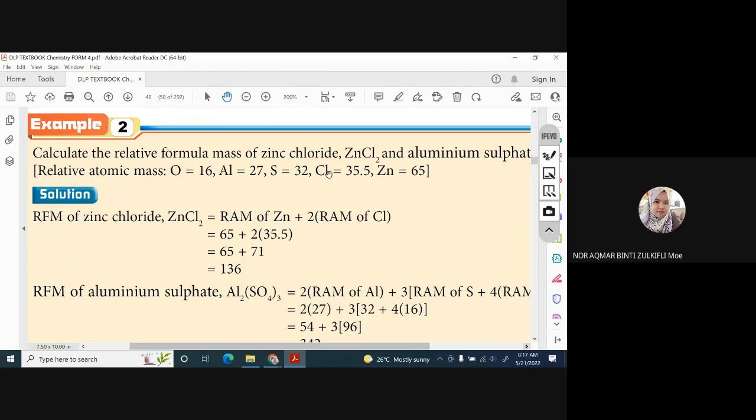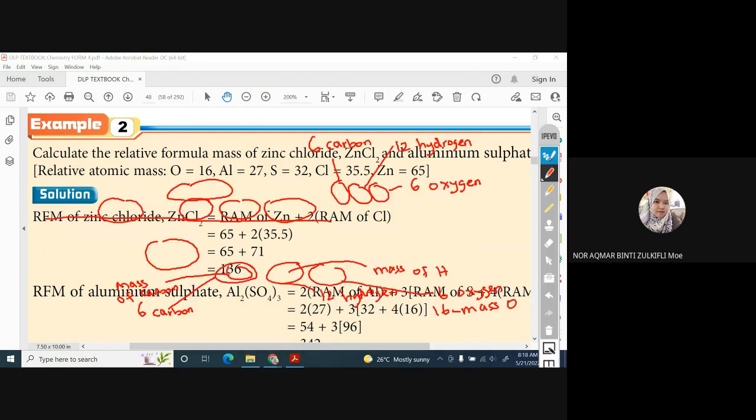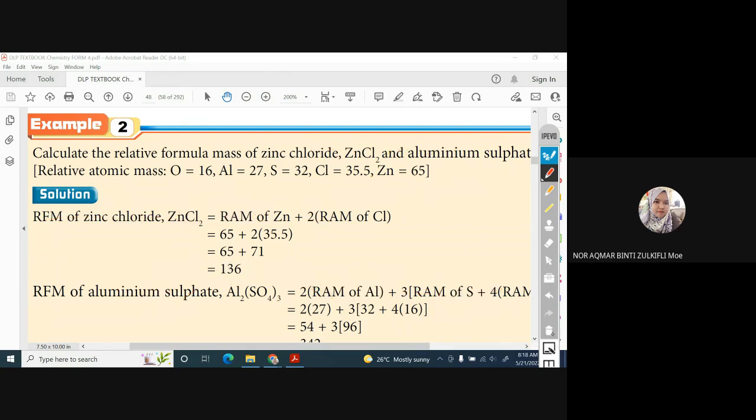Now it is formula mass because we have ions here. Zinc chloride. These are just terms, don't worry. Then you just calculate. We have atomic mass for oxygen 16, aluminium 27, S 32, chlorine 35.5 and zinc 65.